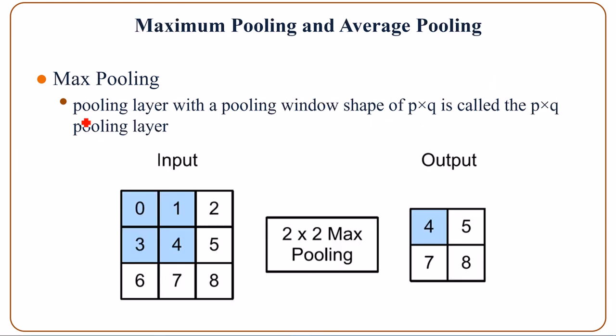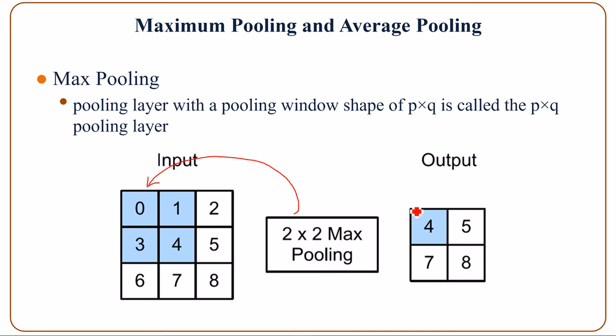Now we talked about maximum pooling and average pooling. Looking at the example, we have a 2x2 max pooling. We put the pooling window with a size of 2x2 on top of the input image and take the maximum value, which is 4.